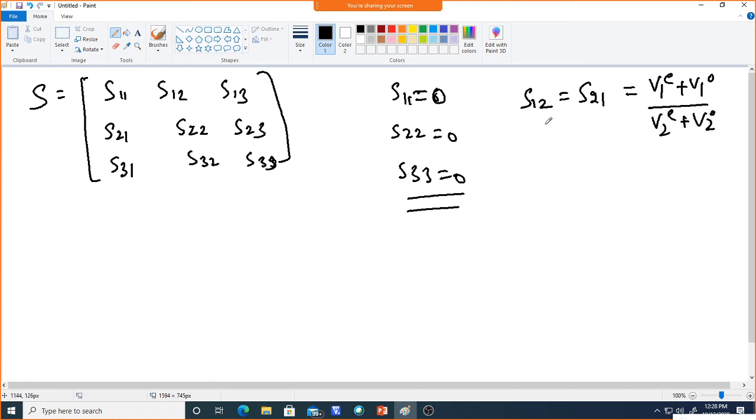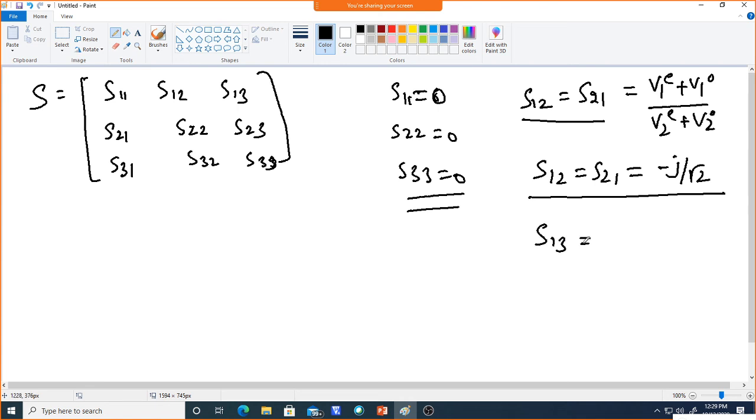If you find out the scattering matrix, S12 will be equal to S21, that will become minus J by root 2. So if you substitute the values we found here, we will get the scattering matrix, which is equal to minus J by root 2.